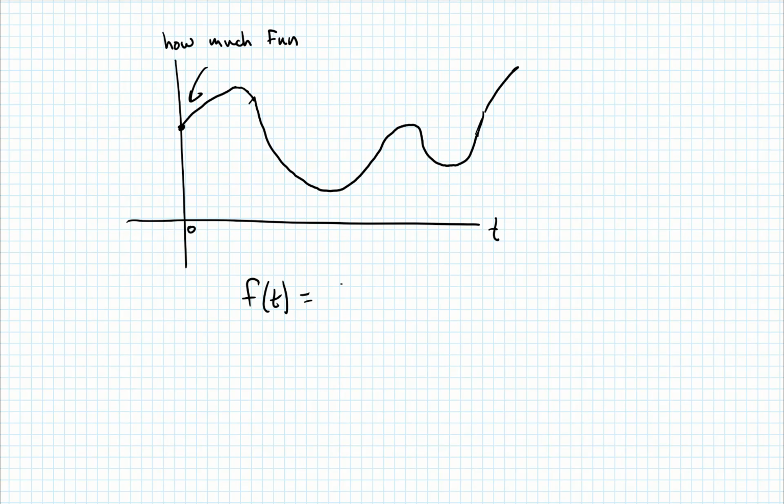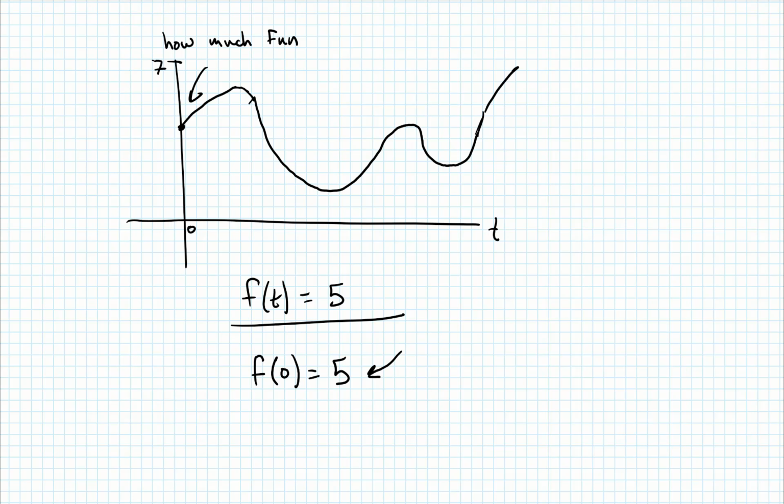So say that value was 5. Maybe it's a score out of 7, where the maximum score is 7 for how much fun you're having. Another way to write that would be f of 0 equals 5. At that time when t equals 0, you were having an amount of fun equal to 5.